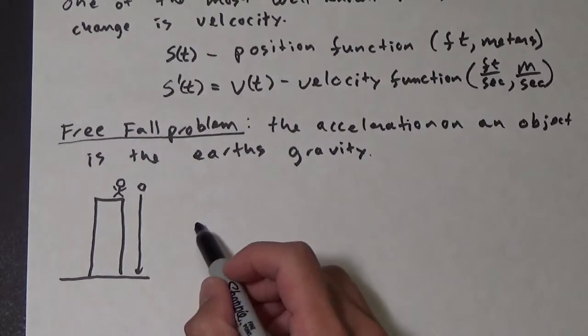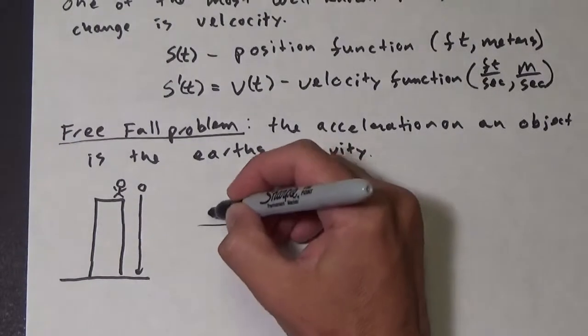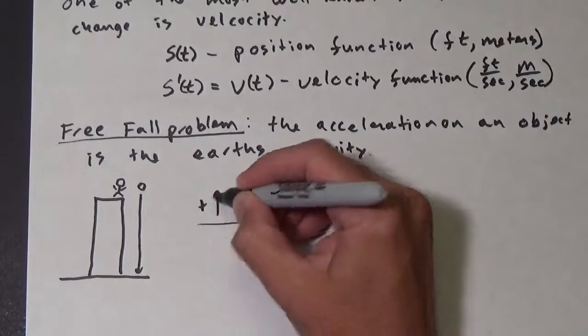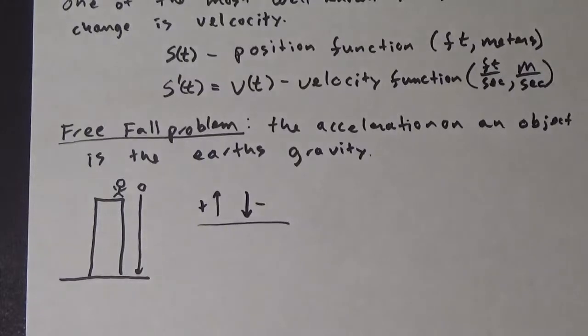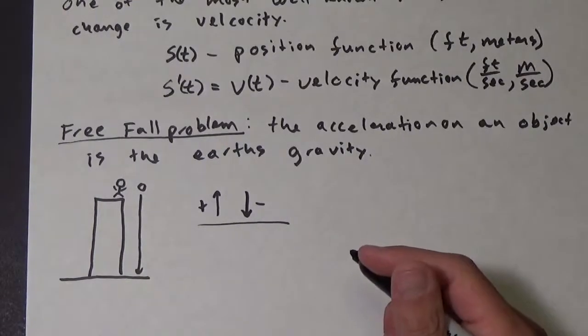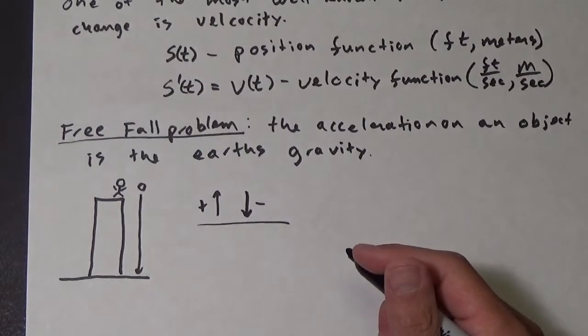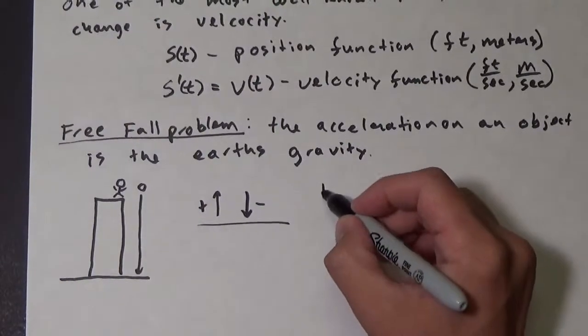Now, for this class, we're going to say that up is positive, down is negative. So the Earth's gravity acts upon an object in the negative direction.